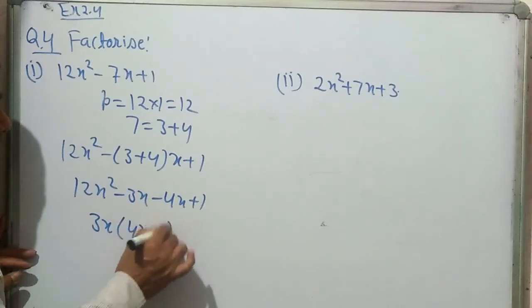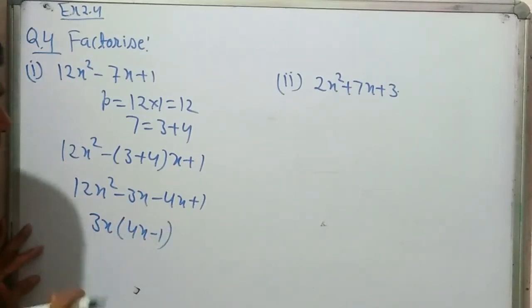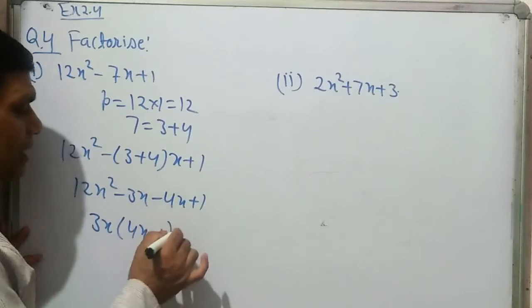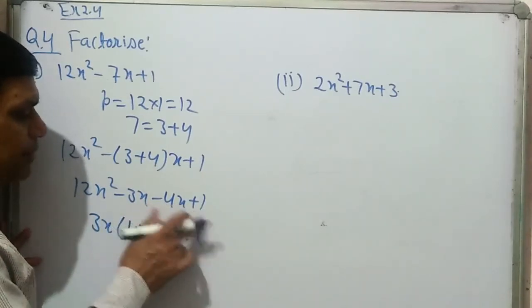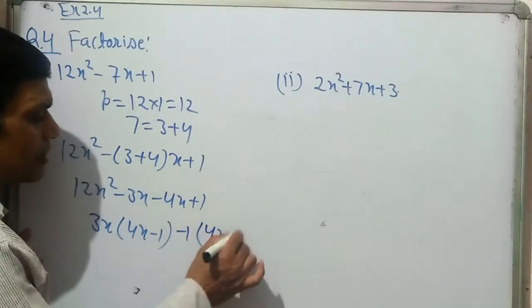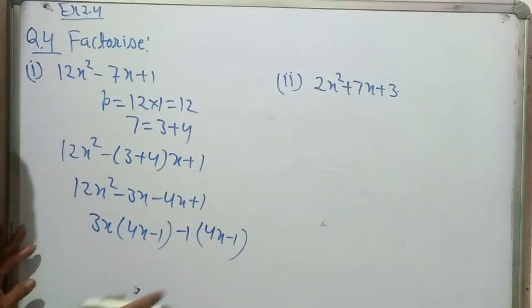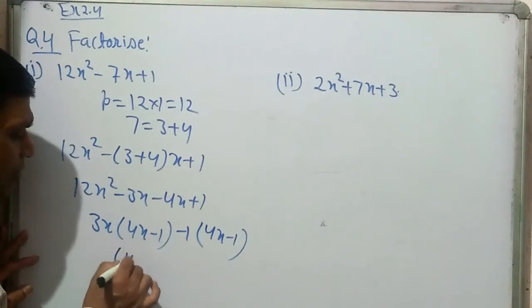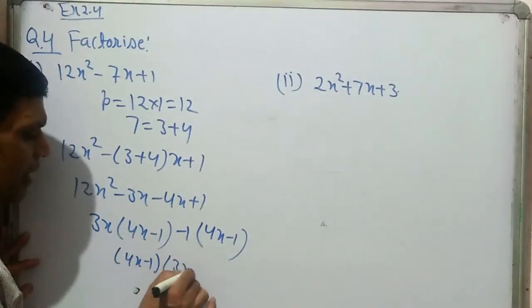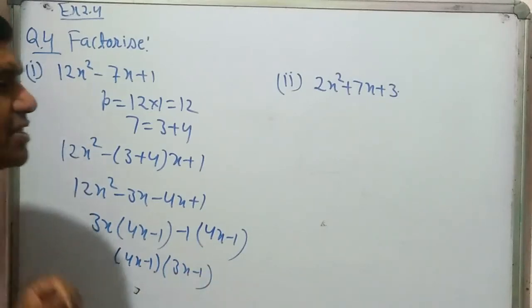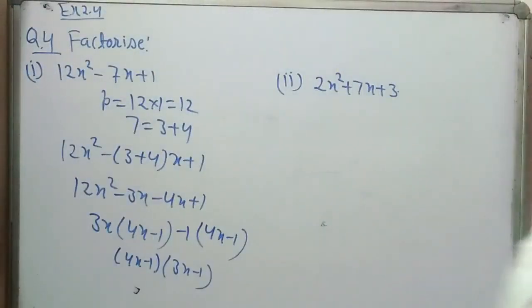We have 4x plus 1. Only 1 is common. We get the same bracket 4x plus 1. Take it common. What is left is 3x plus 1. So the factors are now 4x plus 1 multiplied with 3x plus 1.